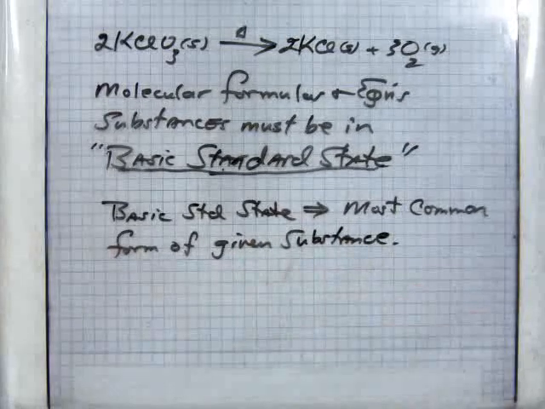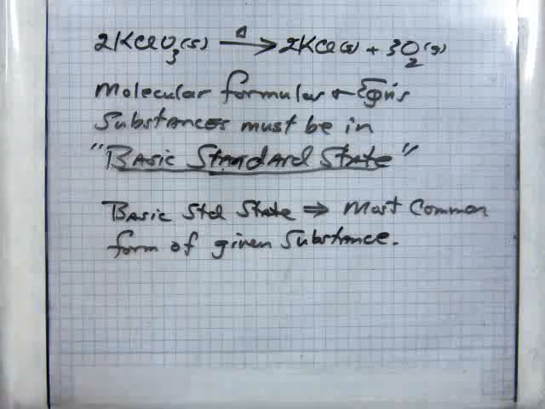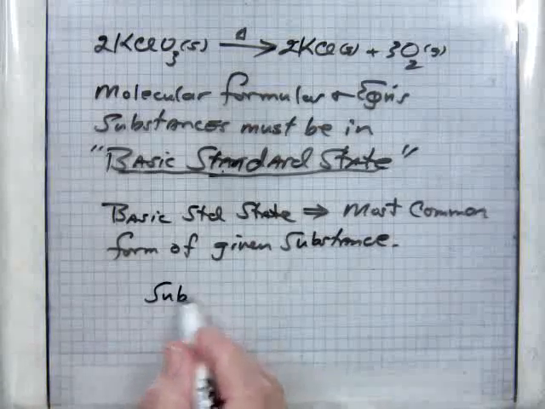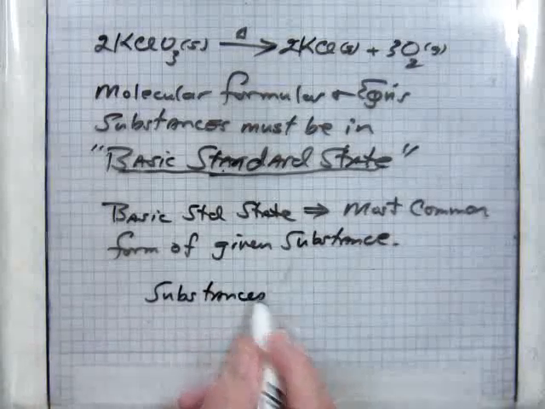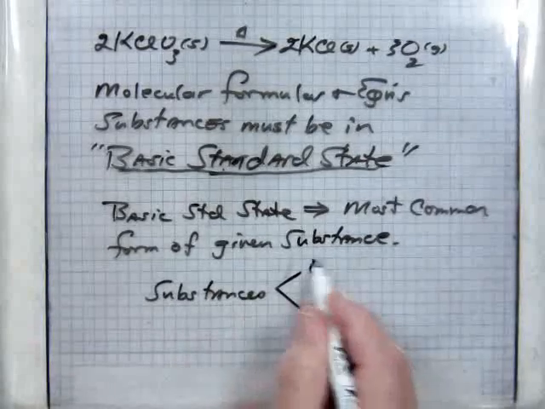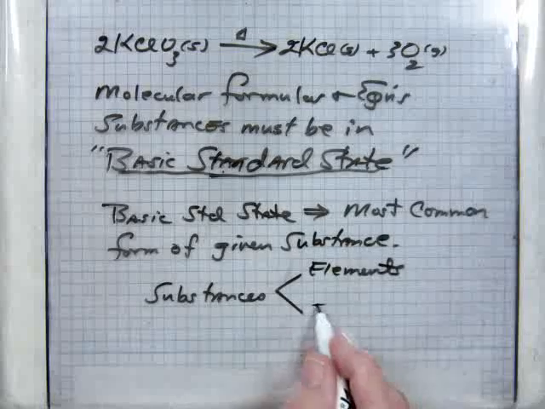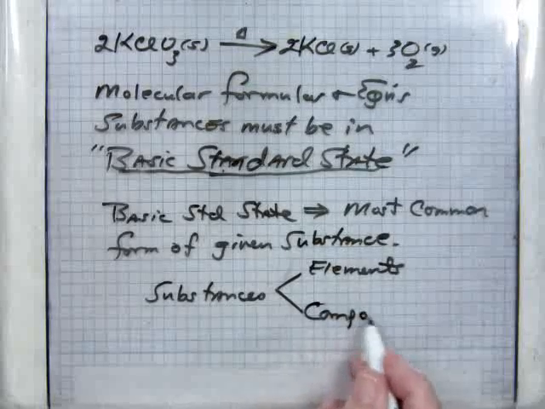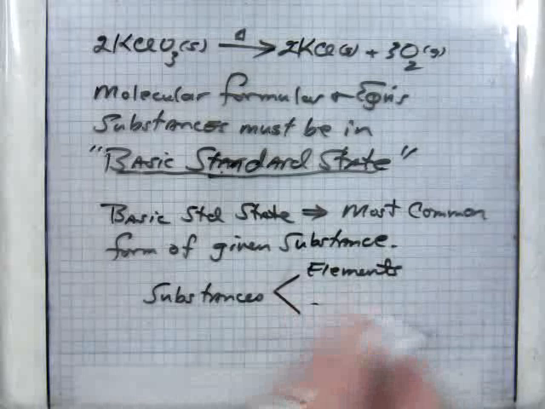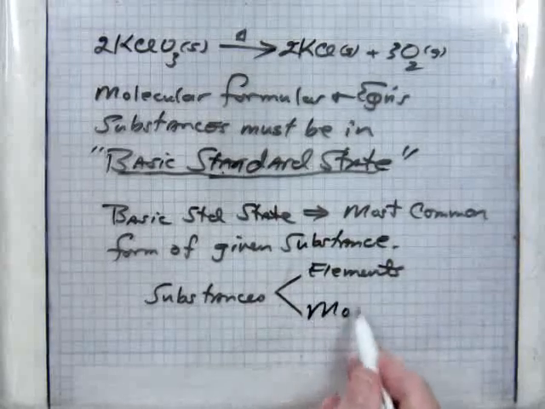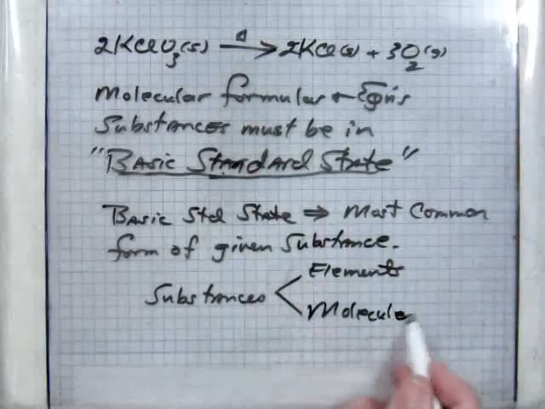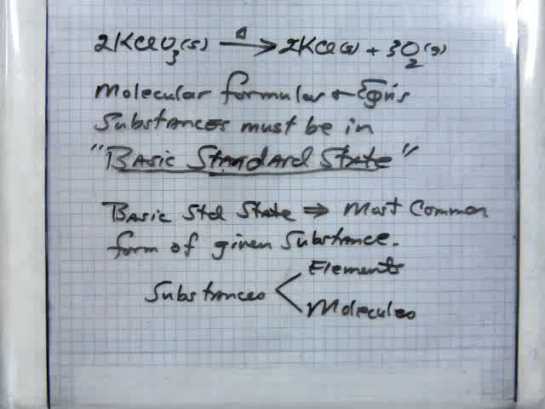And you have in this substance world 2 areas. Substances, as you recall, are divided into elements and compounds, or molecules. Let's put molecules, that'll mean more. Elements in basic standard state. How do you know what an element is in basic standard state?